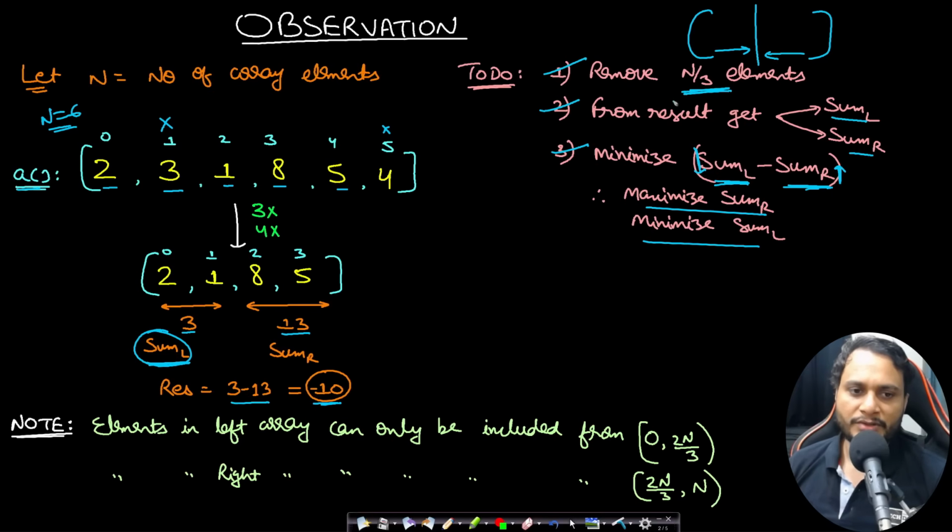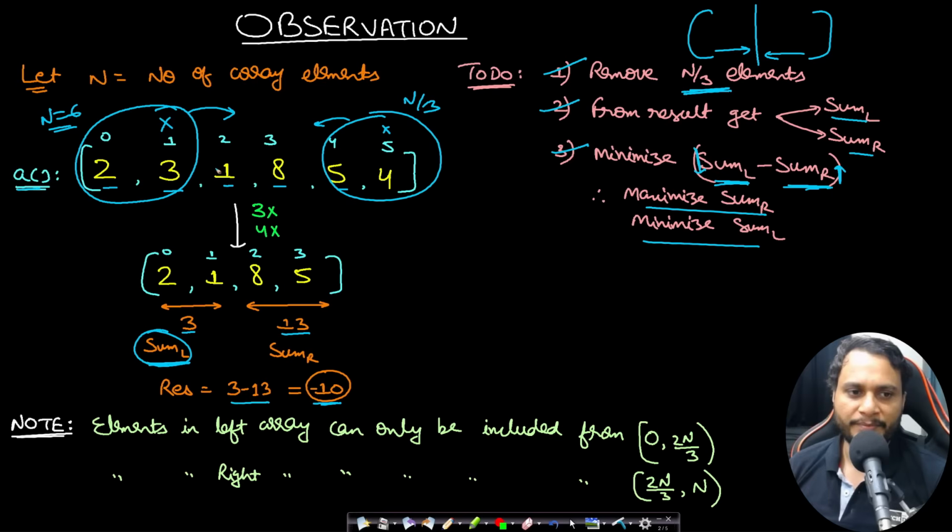So the last n by 3 elements can never come in the left hand side array. And for the same reason, the first n by 3 elements can never come on the right hand side array, right? It can never come.